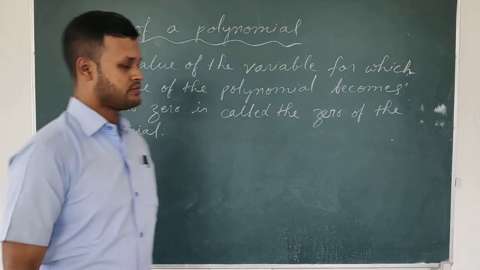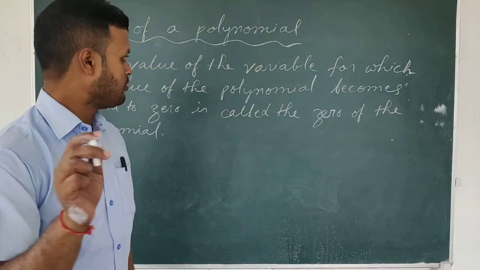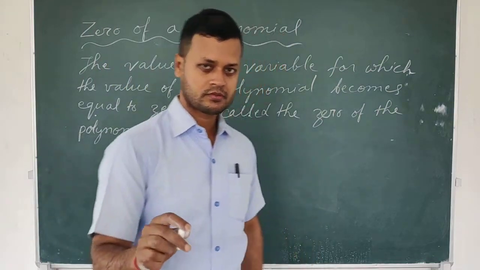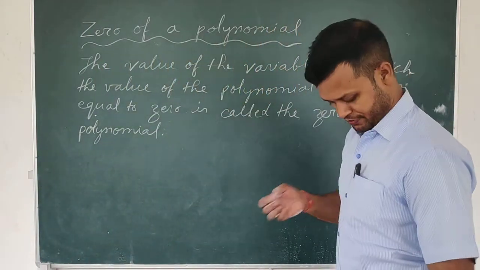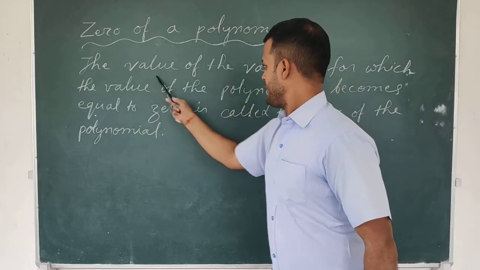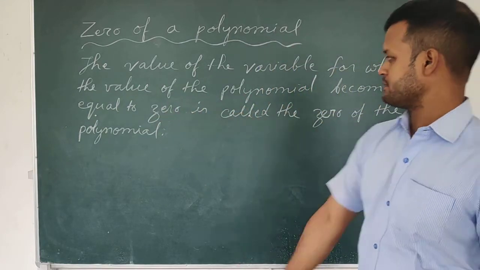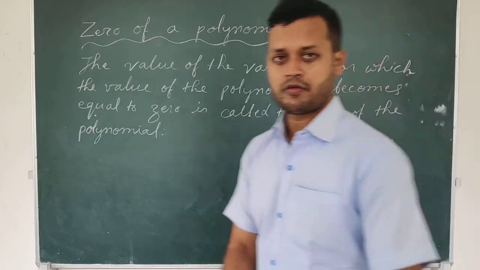Okay, the value of the variable for which the value of the polynomial becomes equal to 0. Okay, students, the value of the variable for which the value of the polynomial becomes equal to 0 is called the zero of a polynomial.